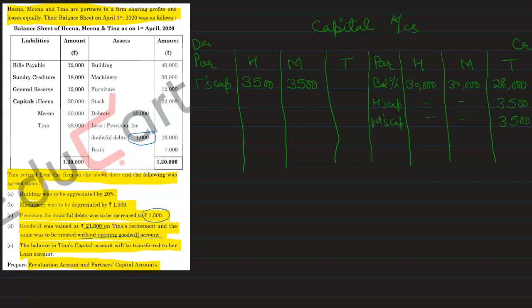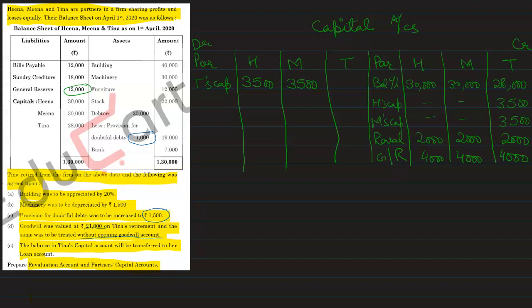Okay. Then the profit on revaluation. That will come from the revaluation account. They all have received a profit of 2,000 rupees. Now here we have general reserve. This general reserve will also be divided equally, so general reserve of 12,000 will be divided equally among all the three partners.